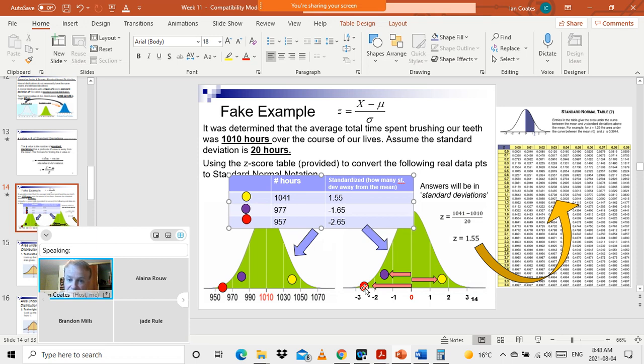It's right there. So all you're doing using the Z formula is you're taking a real data point and standardizing it. Are you changing anything spatially? No. You're just changing it, standardizing it for the whole point of comparing apples and oranges.